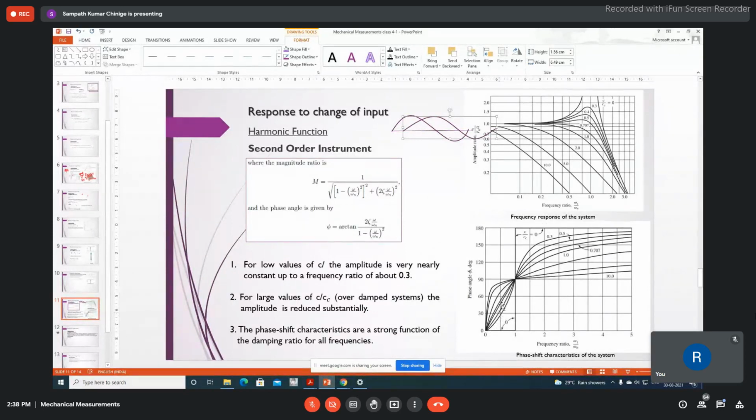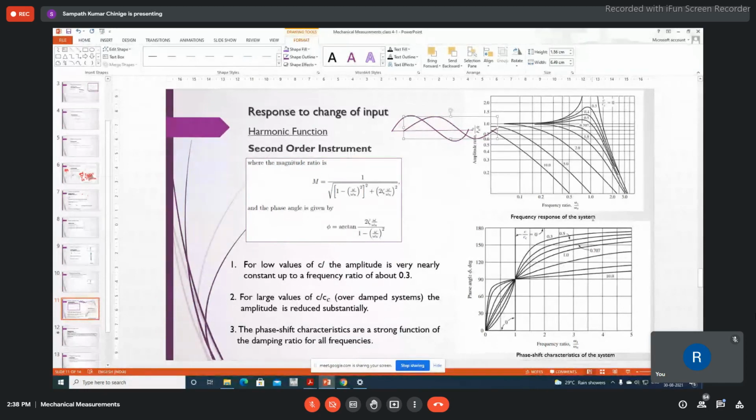But if your values go on increasing, then what happens? Your phase shift will become very, very critical. How much the phase is changing, we should be aware of. Okay, so you have a critical value of 0.707 here, which you can see is actually varying in continuous change with the frequency ratio.